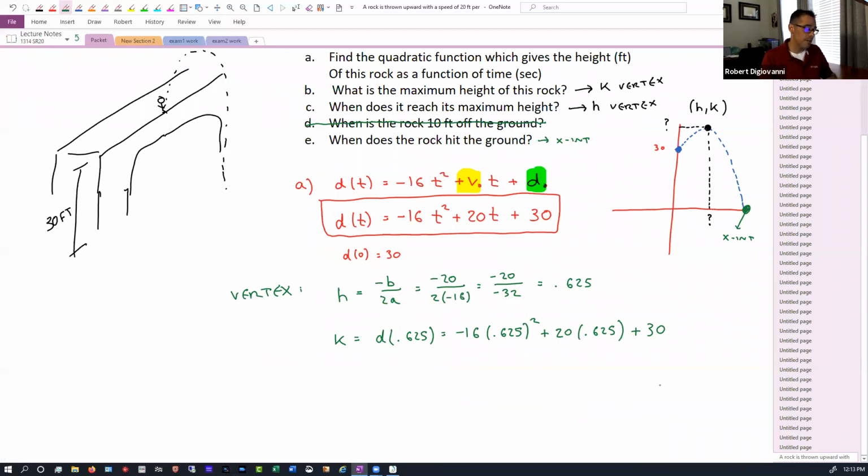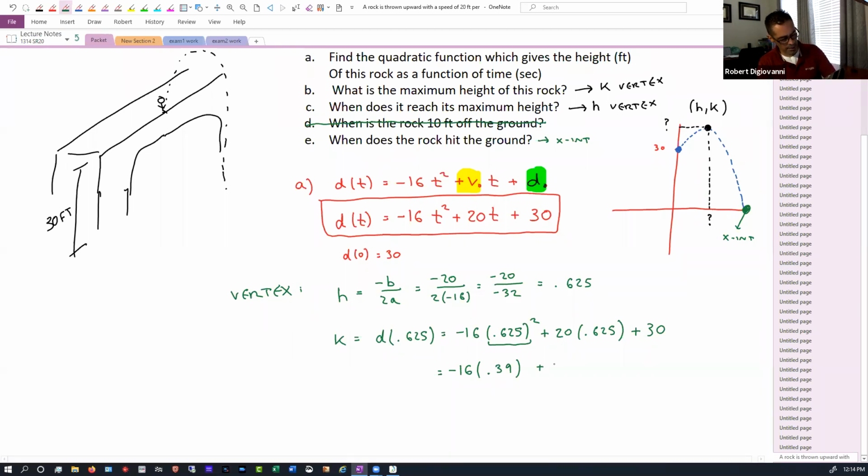Now you'll need your calculator. You're going to have to square this first. So negative 16. I'm going to have to round now. I'm going to go 0.39 plus 20 times 0.625.